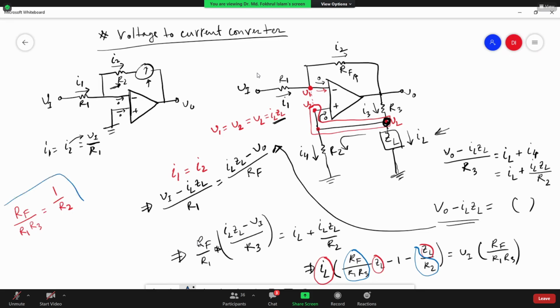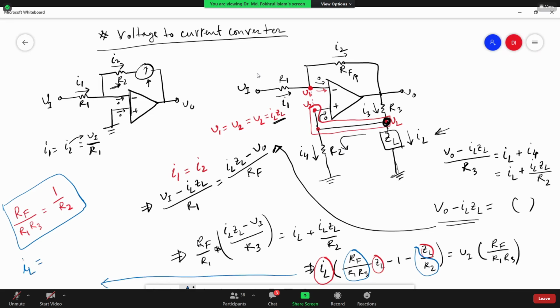If this condition is fulfilled, then the load current will be independent of load impedance ZL.